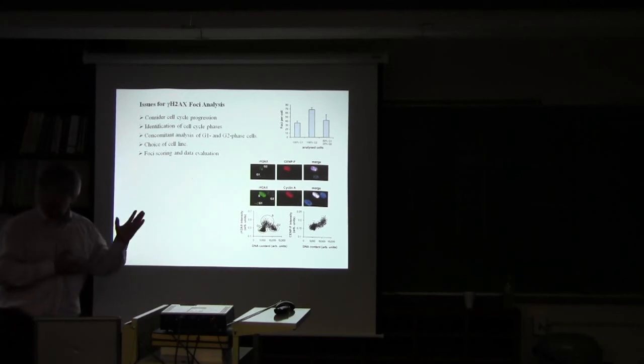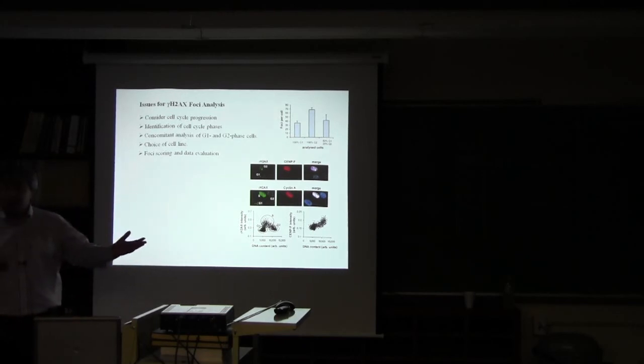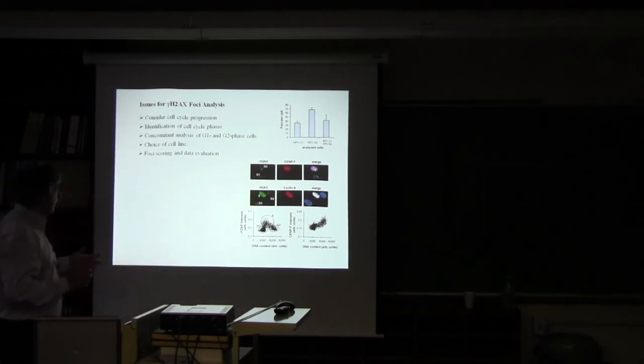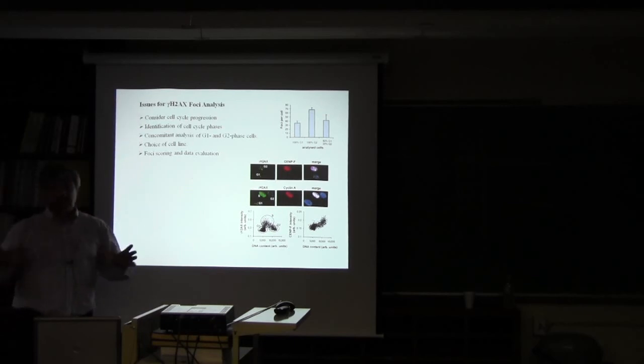As I mentioned, I use neurons, fully differentiated, versus a stem cell. It's quite different kinetics, so you need to be aware of that. Okay? And scoring and data evaluation is an art. And I can tell you, it's a lot of software, good instrumentation, good criteria for how to define the foci and so forth.